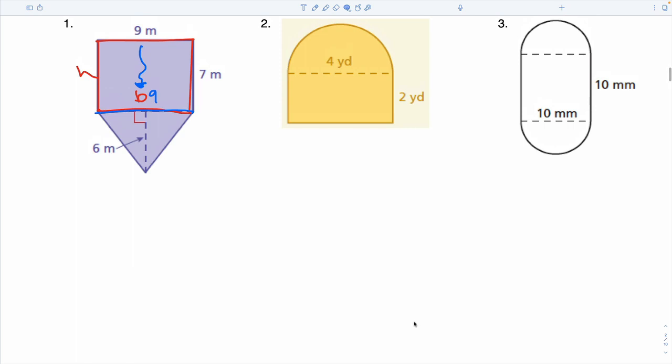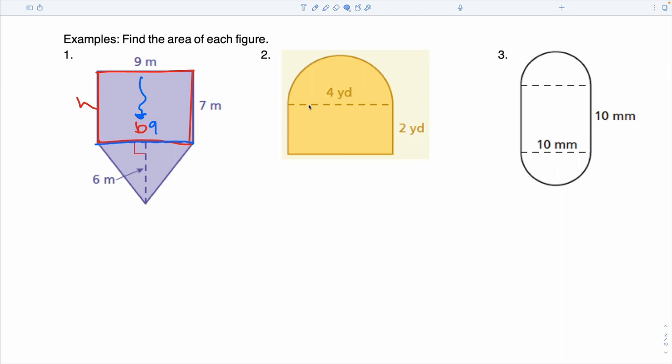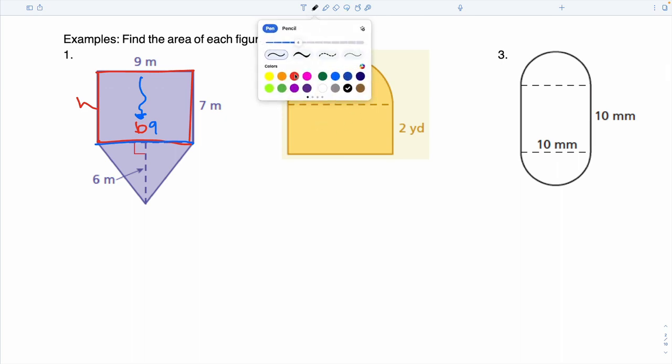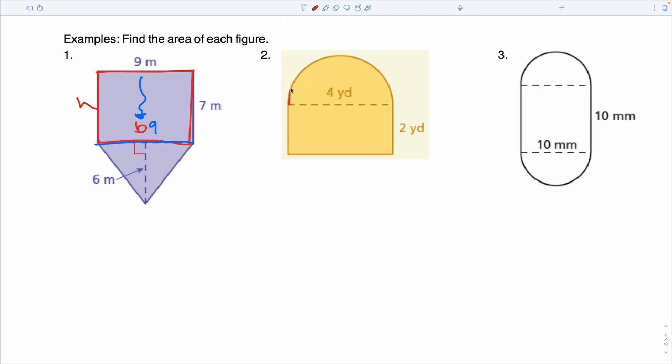We'll have time for one last example. Number 2 is made up of one kind of weird shape and the other okay shape. What are the two shapes that you see here? Claire.